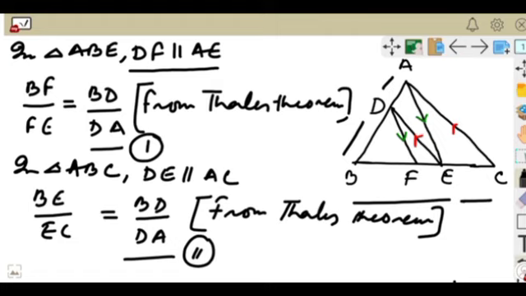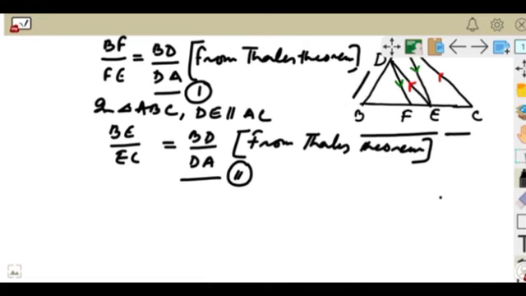So when we see equations 1 and 2, their right hand sides are equal. In the first equation we have BD by DA on the right side, and in the second equation we have BD by DA. That means the right sides are equal. Therefore, even their left hand sides will be equal.